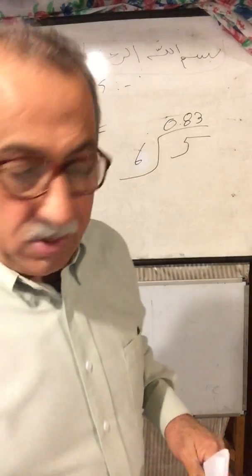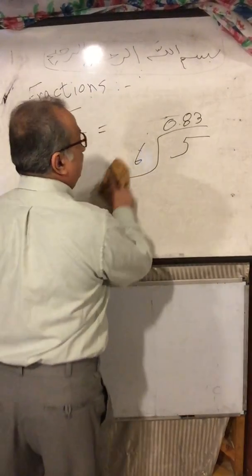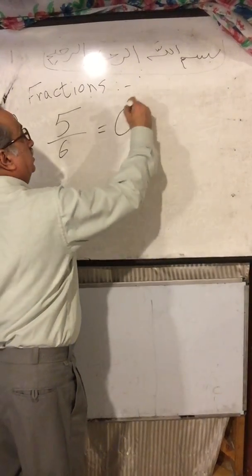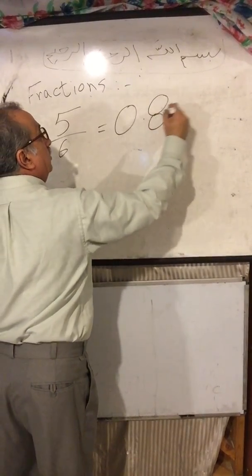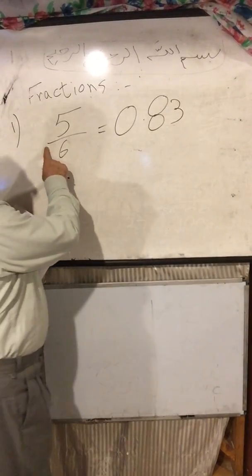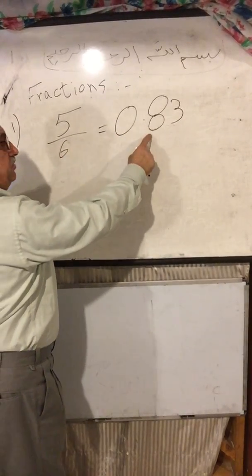You can divide at home because I don't want to take too much of my time on this video. So 5 over 6 is 0.83, right? That's a common fraction, and a decimal fraction.